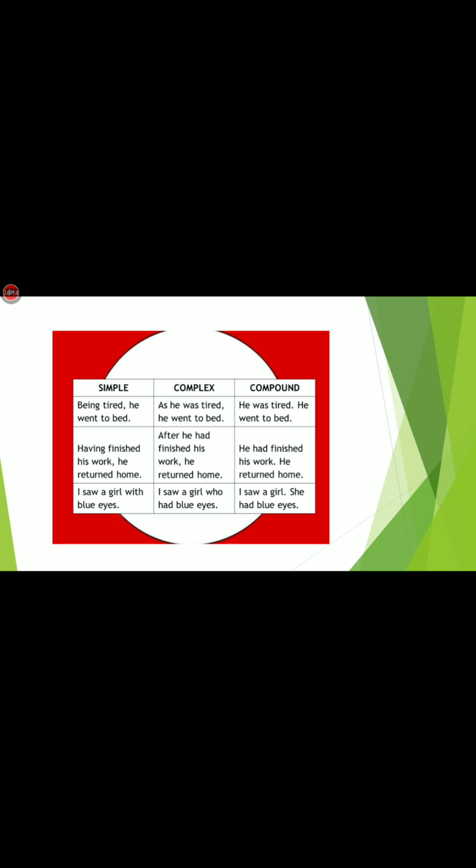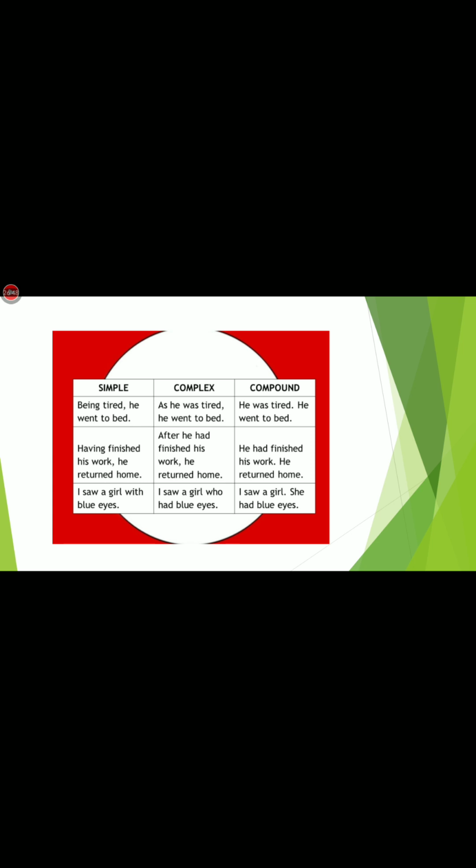That dependent clause can either be a noun clause, an adjective clause, or an adverb clause. So here: as he was tired, he went to bed. The reason for his going to bed is that he was tired.